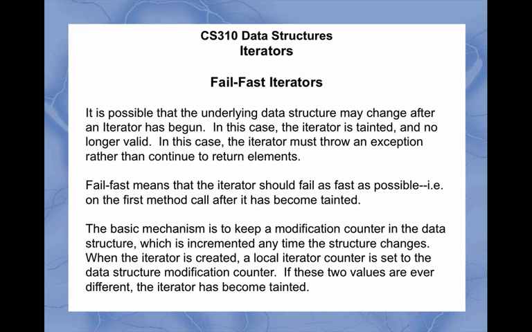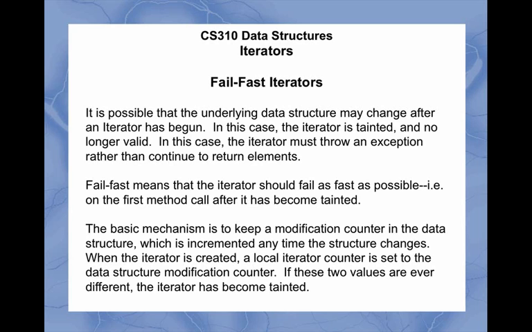And you may have a situation where the data is multi-threaded. That is, you might have company records that are accessed from many different locations or by many people at the same time. So you have concurrency issues. So it's entirely possible that the iterator might become tainted because the underlying data structure has changed.